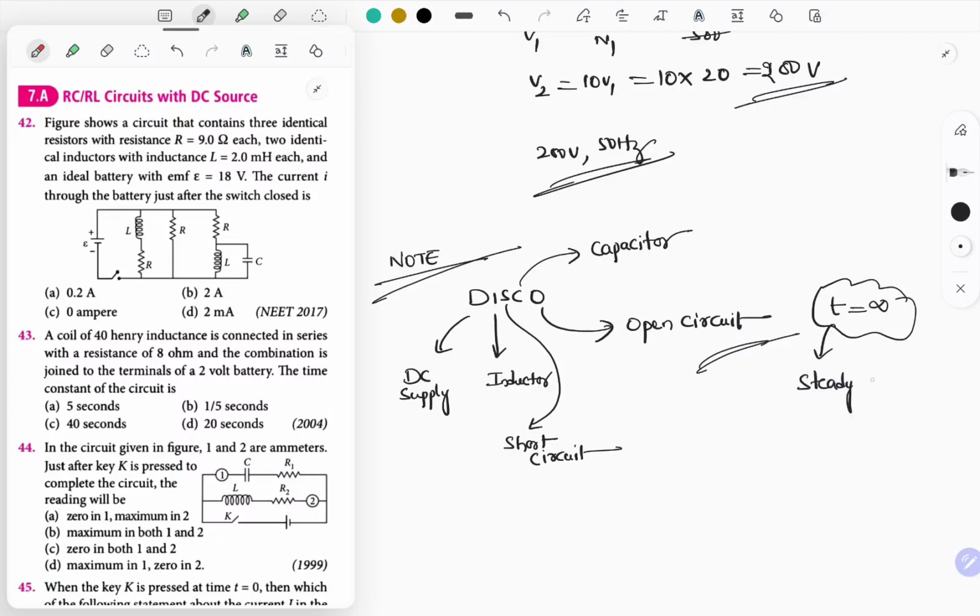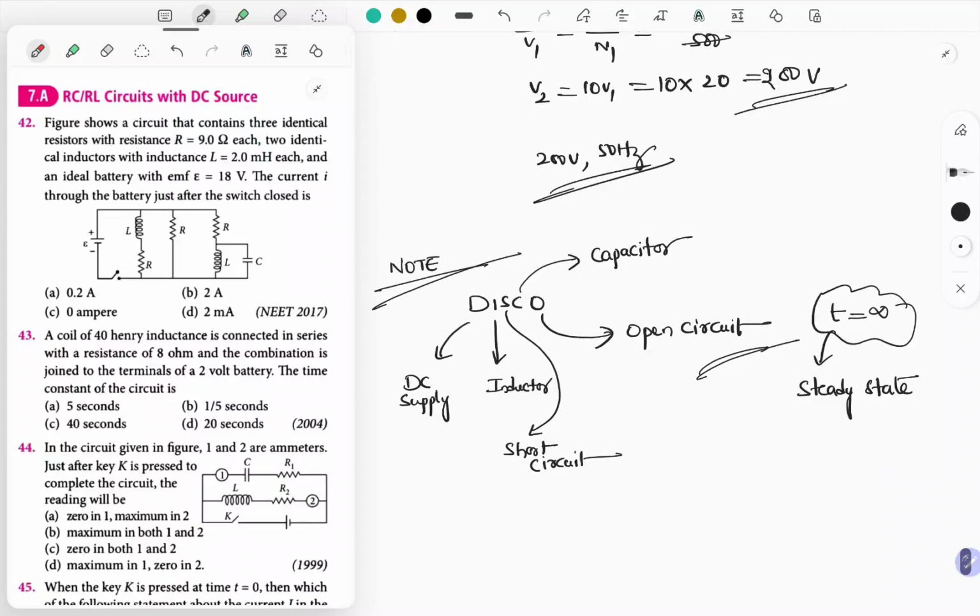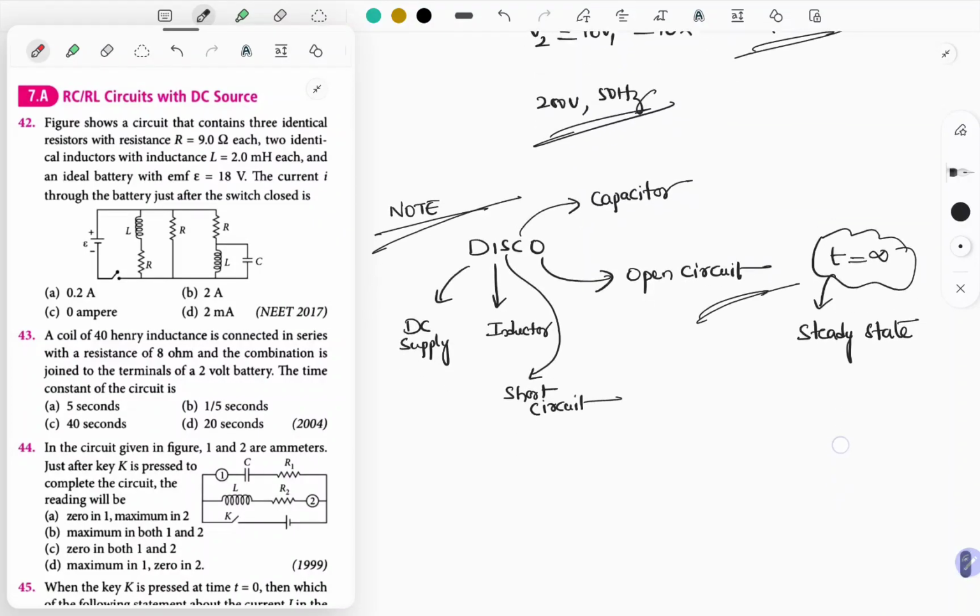How can I decide whether it is a steady state or initial stage? If a switch is present, then there are two different cases you are going to get. If a switch is not present, only one case, that is the steady state case.